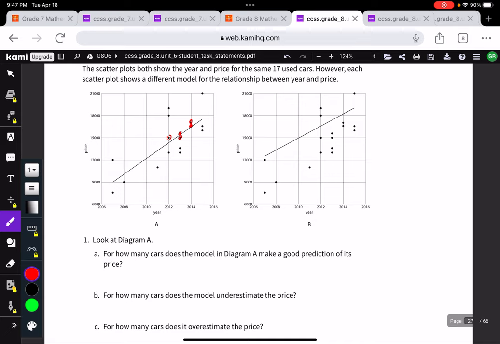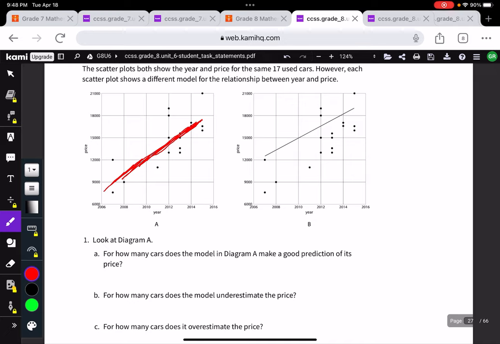For how many cars does the model underestimate the price, right? So the model is that line again, right? So let me get rid of that. The model is that line right there. How many cars does the model underestimate the price?